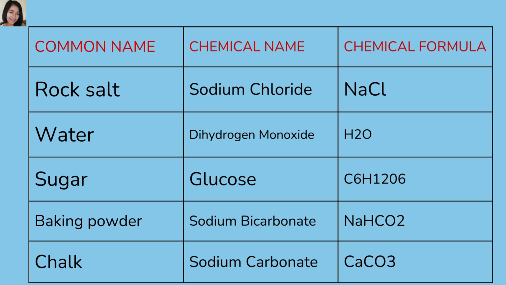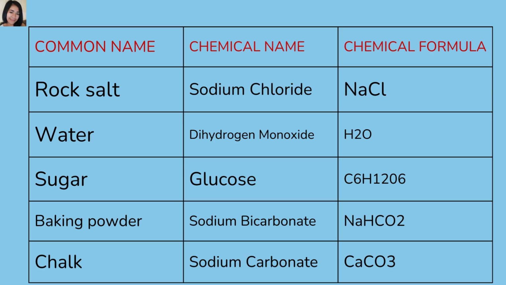So, for the sugar, glucose, and for the chemical formula, C6H12O6. And for the baking powder, bicarbonate, NaHCO3. Yan. So these are the examples of chemical formulas.